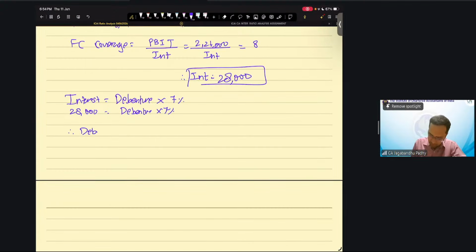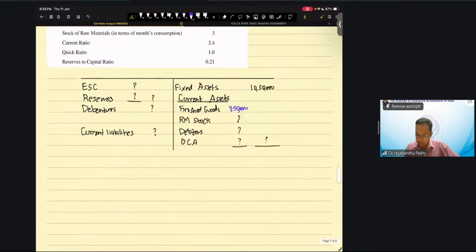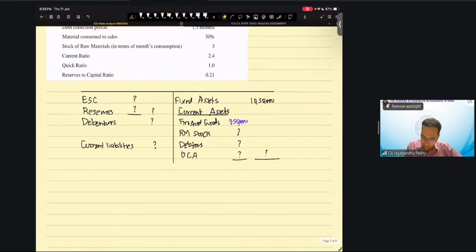Therefore, we have the value of debenture as 28,000 by 7%. So how much is 28,000 by 7%? What will be the value of debentures? 4 lakh. Correct? So after doing so much calculation, we are getting the value of debenture in our books, which is 4 lakh.